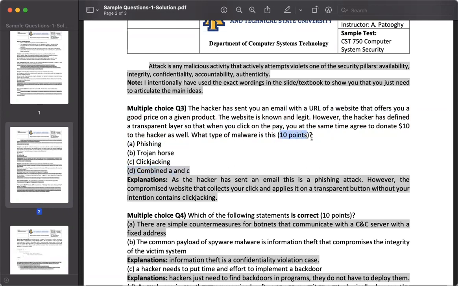So even if you feel that it is only clickjacking, which is a part of the answer, you only lose 3 points in this question, which to me is fair. That 3 extra points is a fair distribution to allocate for those who detect the exact combination of two malwares here.